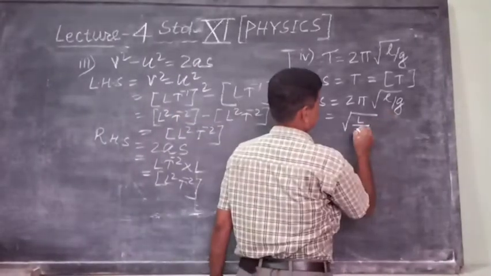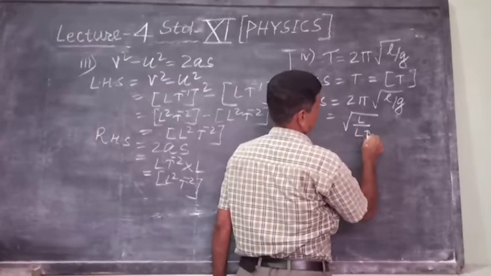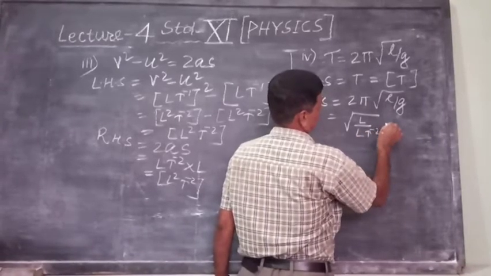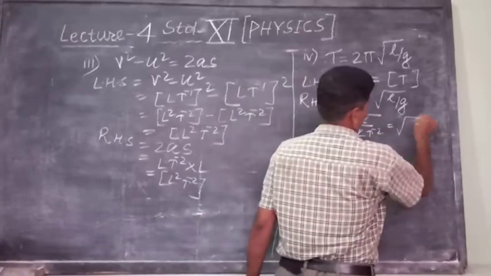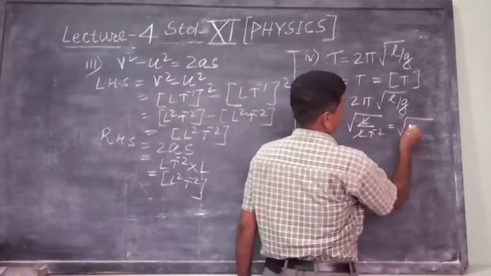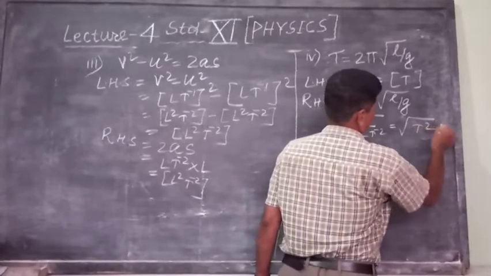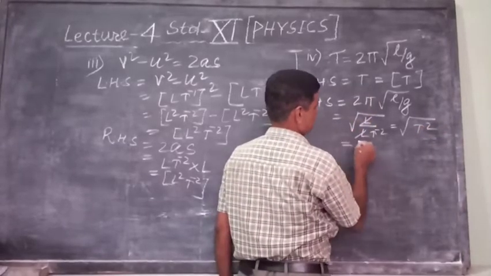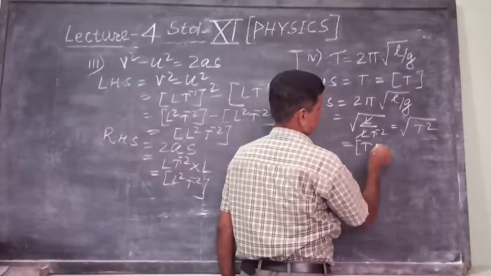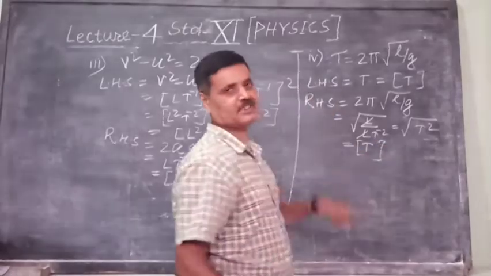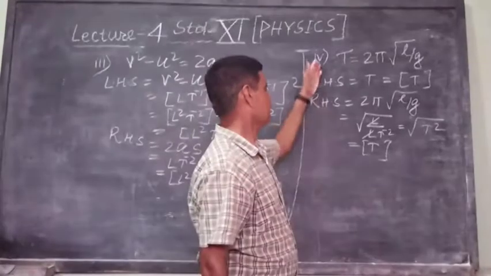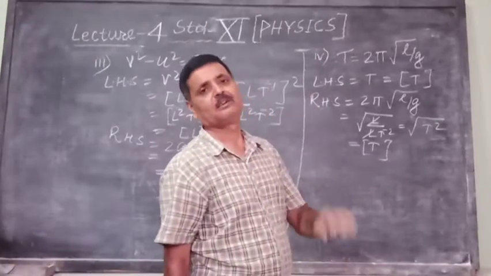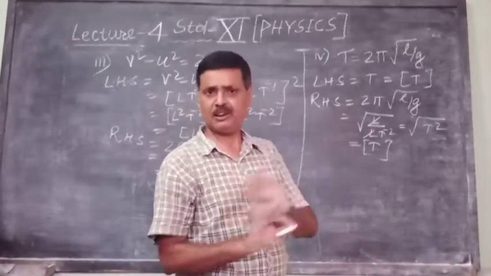So it is LT^-2. You may cancel the L, and the T^-2 will move here. It will be T square, and the square root of T square is equal to T. So LHS and RHS are both the same. So we can say the above given equation is dimensionally correct.